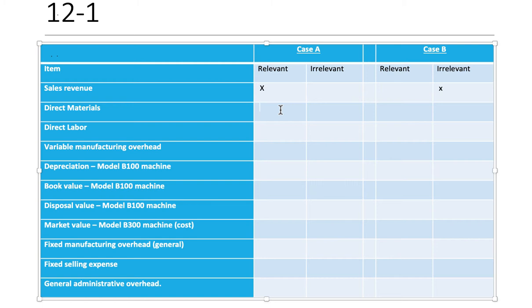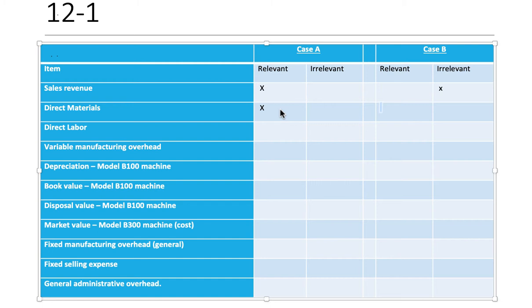It will change, because the problem tells us we are buying this new machine to expand production. We're going to make more. Direct materials increase in direct proportion to changes in levels of activity. So since we're going to increase production and sales, we're obviously going to increase direct material. So in case A, it is relevant.